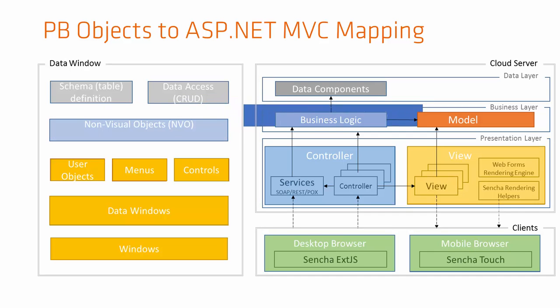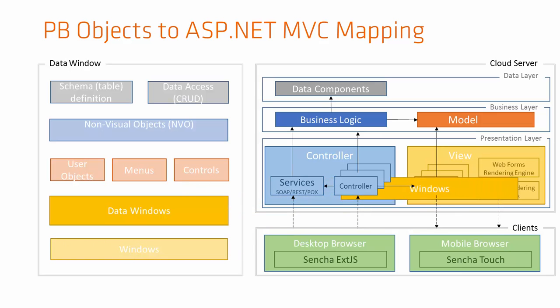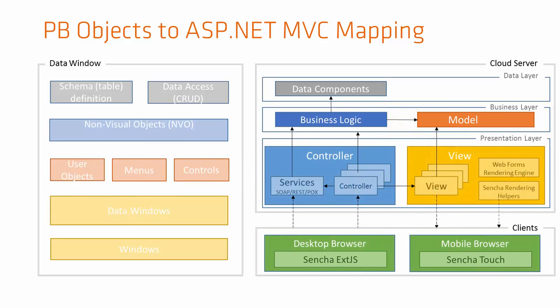The NVOs become the business logic in the same layer. All the UI components go to the view. The window also becomes part of the view. And the DataWindow is split between the MVC components: the model, controller, and view. We will see that when we look at the migrated application.